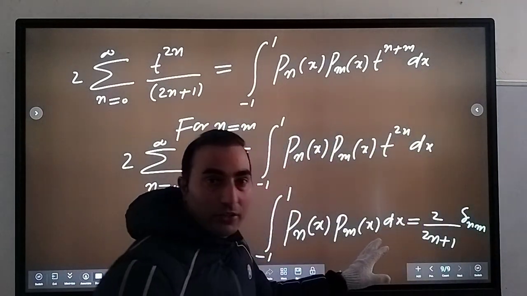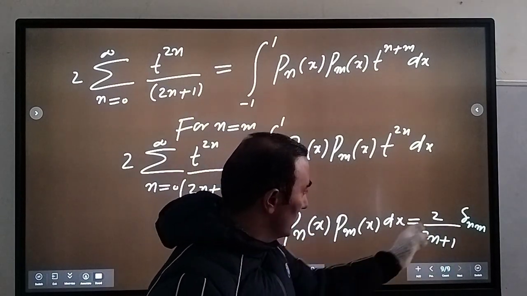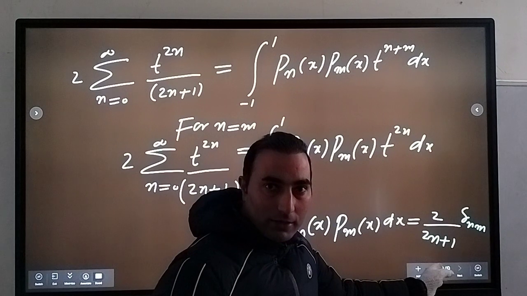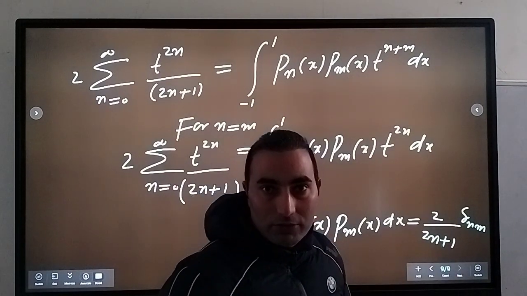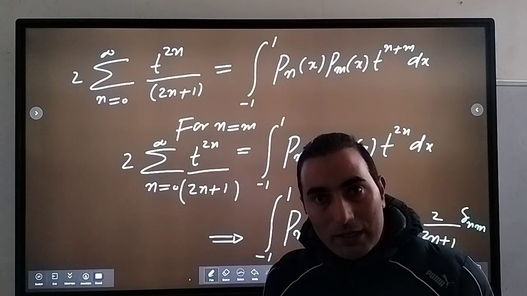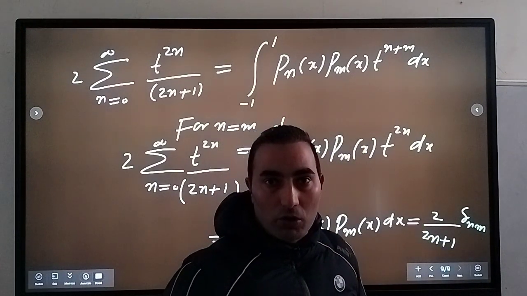Right? So this is the condition for the normalization, because when n equal to m, its value will be 2 divided by 2n plus 1. If n is not equal to m, then this term will be 0, right? So you can have this orthogonality as well as the normalization condition for the Legendre polynomial, right?